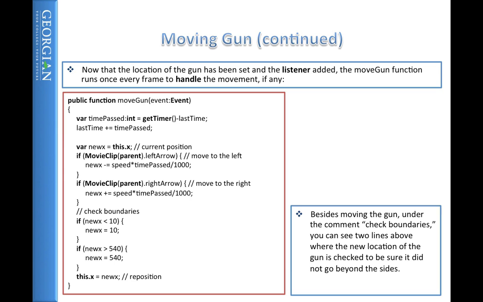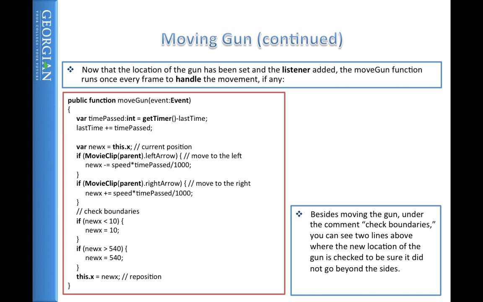If left arrow is true, we're going to say our new x position is minus equals the speed, because we're going to go left. Anytime we go left, it's a negative value that we're traveling, times the time elapsed. If we're moving to the right, then our new x position is plus equals, not minus equals, the time elapsed times the speed.